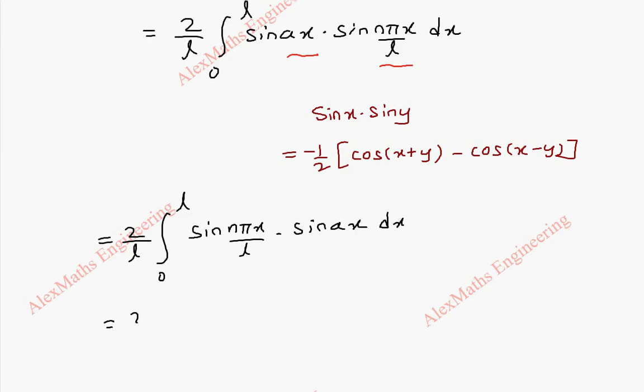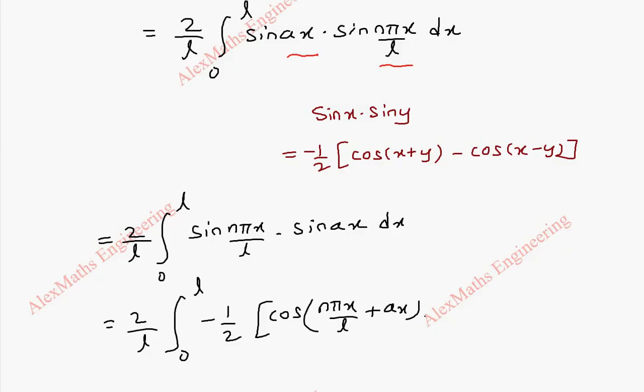When I apply this formula, this is minus 1 by 2 cos of, we have to add both the angles, that is n pi x by L plus ax. Then minus, we have to subtract both the angles. So cos of n pi x by L minus ax. Then dx. We are going to integrate this.